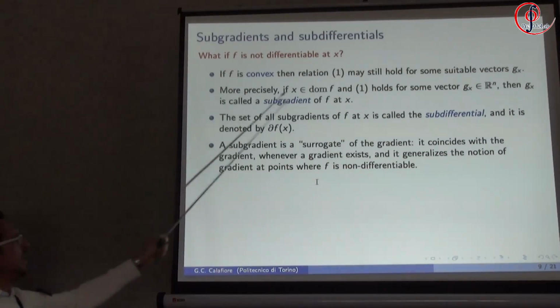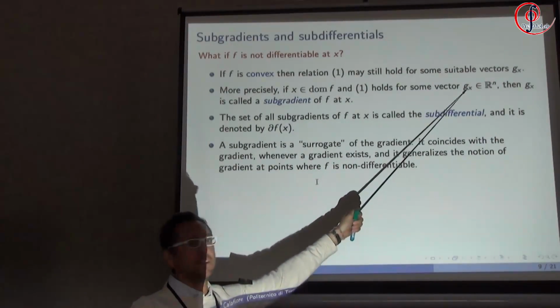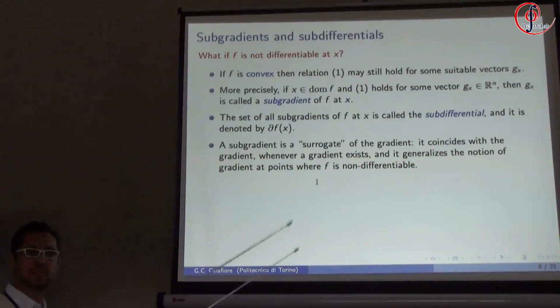More precisely, if we can find a vector g of x such that that bounding relation holds, then g of x is called a subgradient of f at point x.